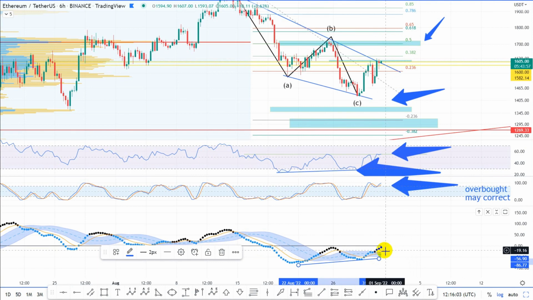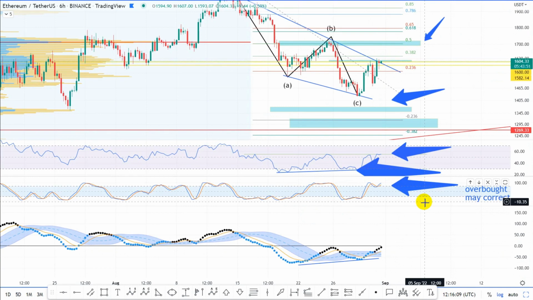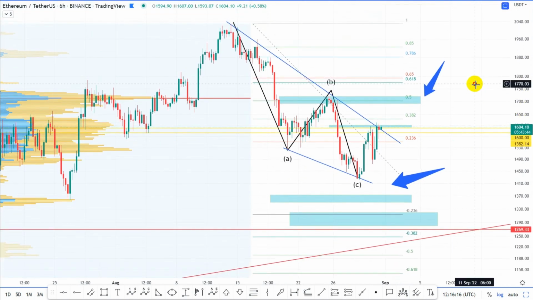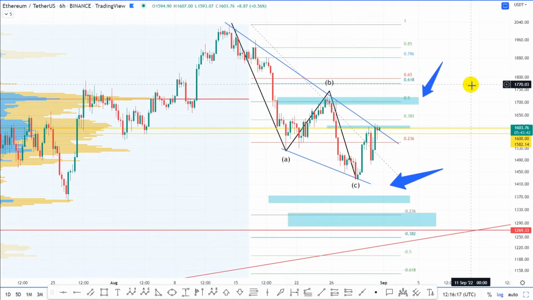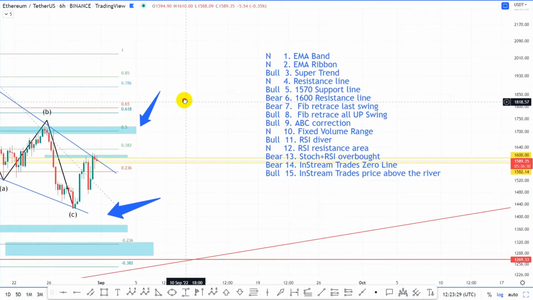The price is out of the river, and also there is a divergence. So that's basically it. That's what I wanted you to review, and we have 15 different points. And now let's go into the summary to understand who wins, bulls or bears.